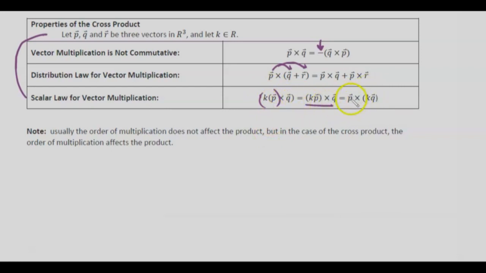So that's kP cross Q or P cross kQ. Note that usually the order of multiplication doesn't affect the product, but in the case of cross product, it definitely affects it. Remember, it's the negative, it's the opposite.